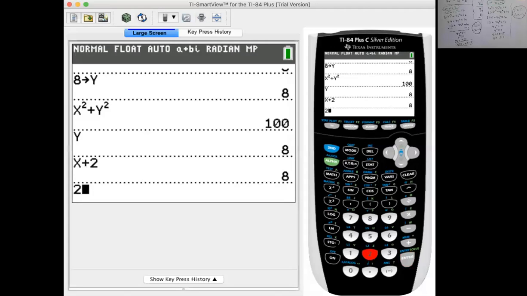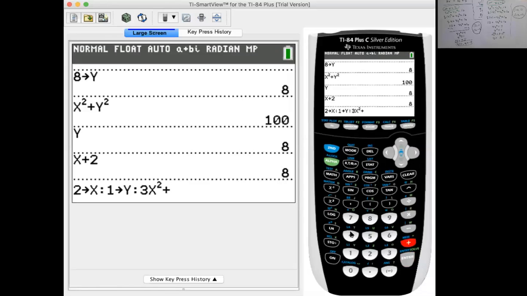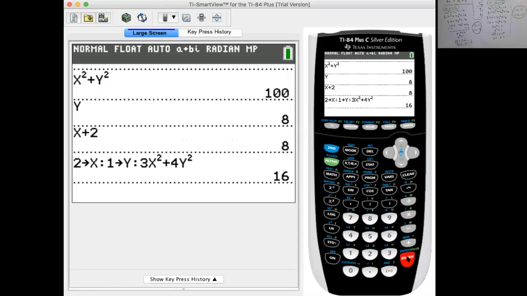I'll say 2 store in x, colon, 1 store in y, colon, what is 3x squared plus 4y squared? It's supposed to be 16, is it? It is, that's good.